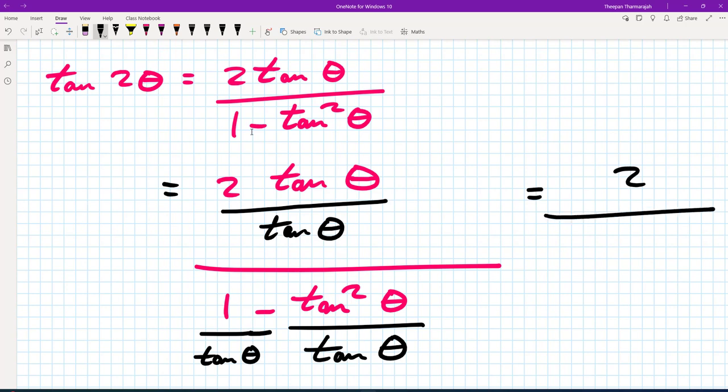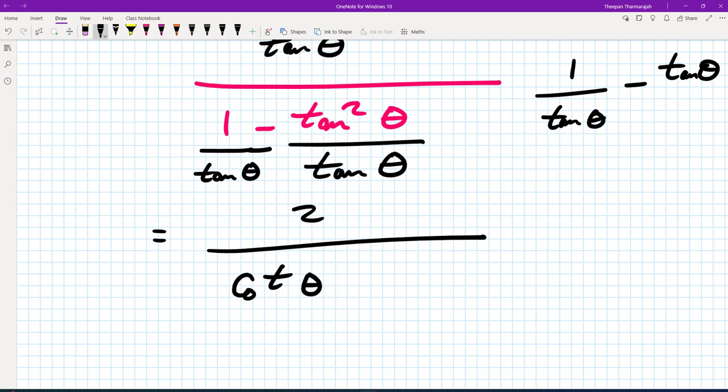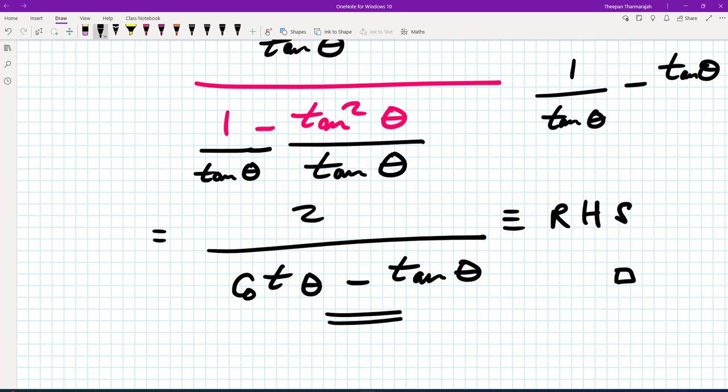Then we get 1 over tan theta minus tan theta. Now we know that 1 over tan theta is cot theta. So we end up with 2 over cot theta minus tan theta, which is exactly the same as the right hand side, and we've proved our identity.